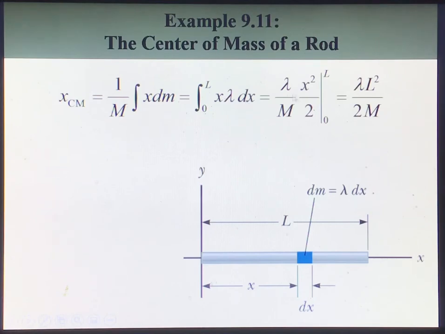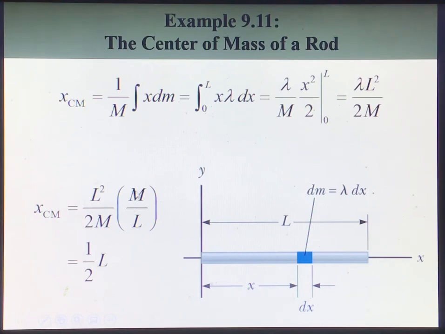And so if you do this integral here, you just get lambda over m, and then you have x squared over 2. And so if you do that integral, you get lambda L squared over 2m. And then we're going to go back. We know that this lambda is just the mass per unit length.